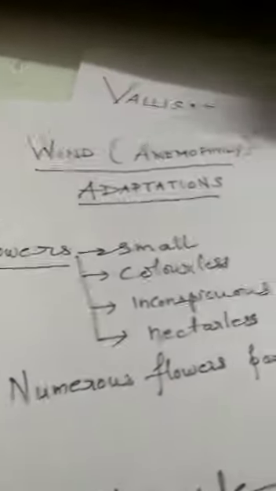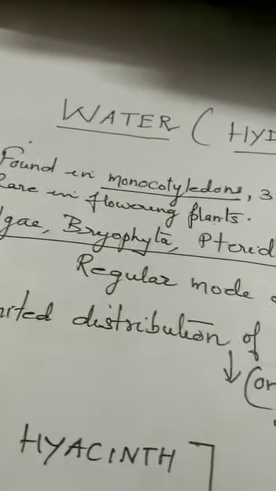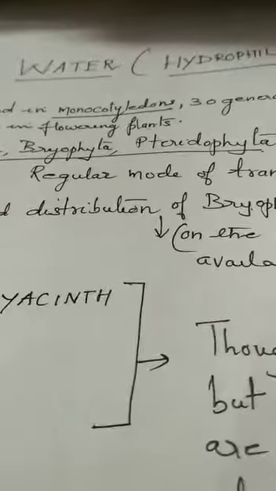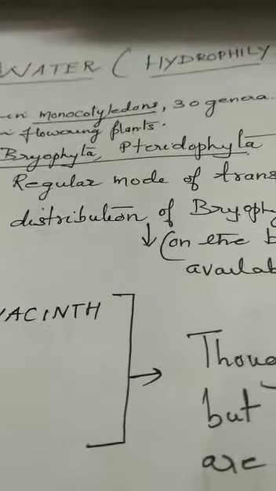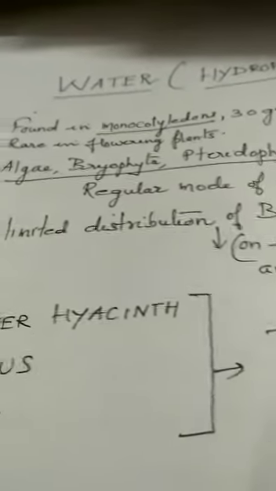Then in the case of water pollinated plants, we call water pollination hydrophily. Here you'll find that it is very rare in flowering plants, and it's been found in monocotyledons, about 30 genera.